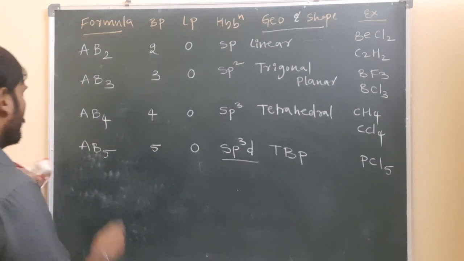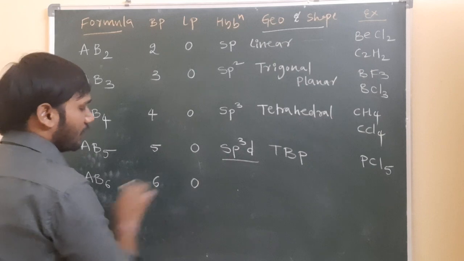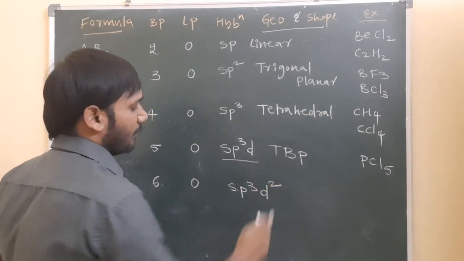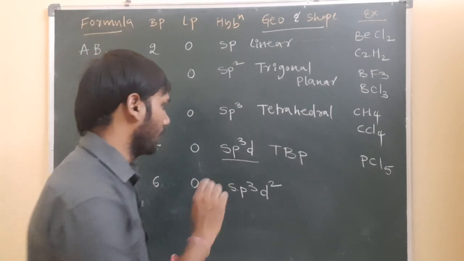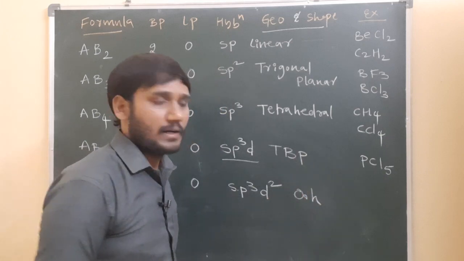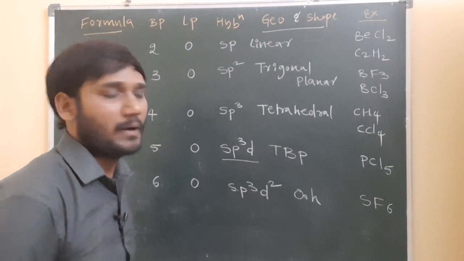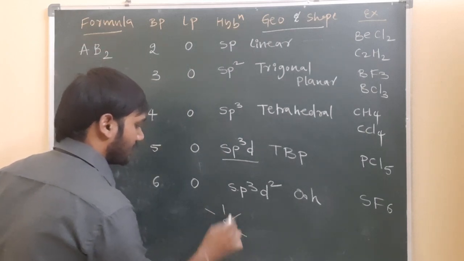Next one is AB6: 6 bond pairs, 0 lone pair. 6 bond pairs means sp3d2, because d orbitals 2, p orbitals 3, s orbital 1, total 6. The geometry and shape of the molecule are both octahedral. For example SF6, around the sulfur 6 bonds are present, 1, 2, 3, 4, 5, 6.